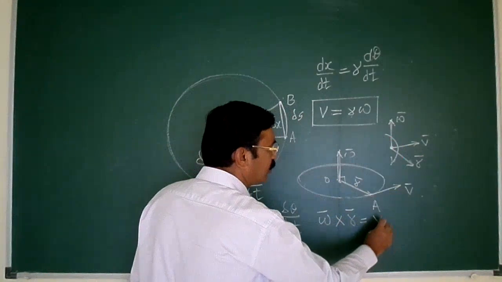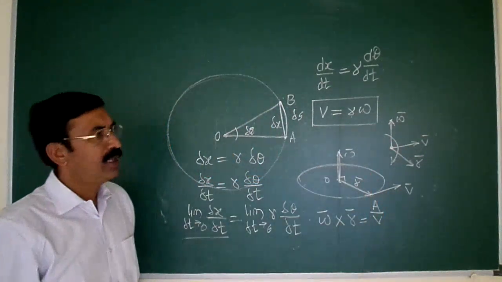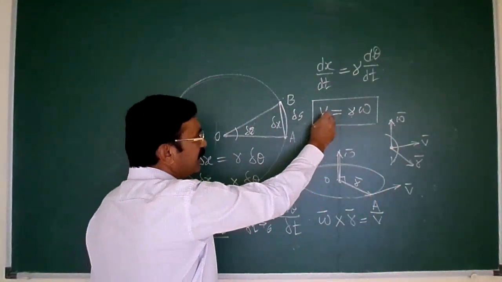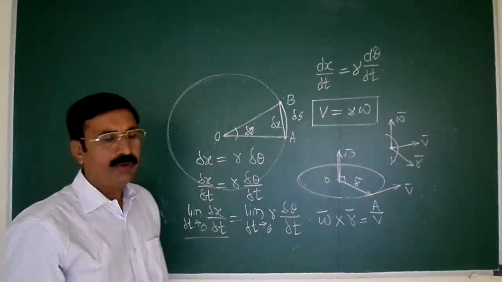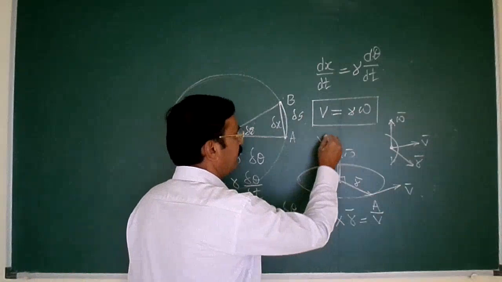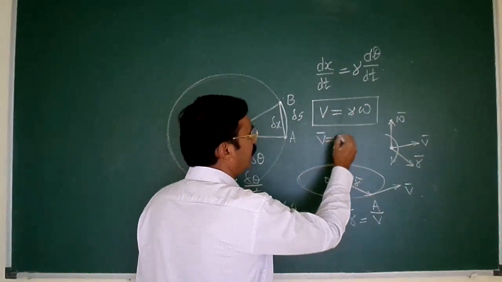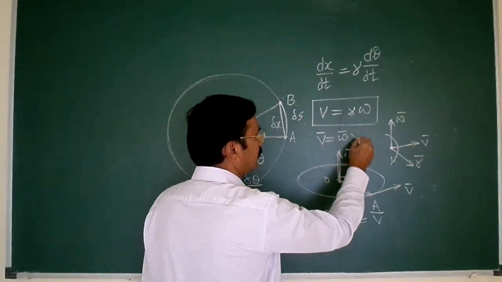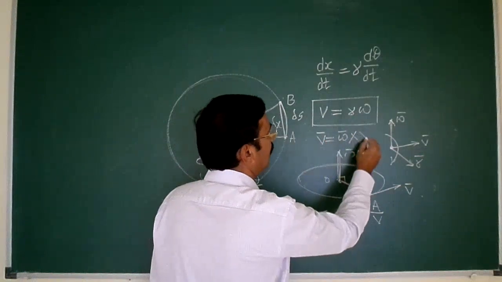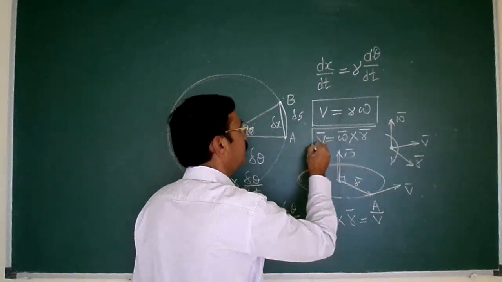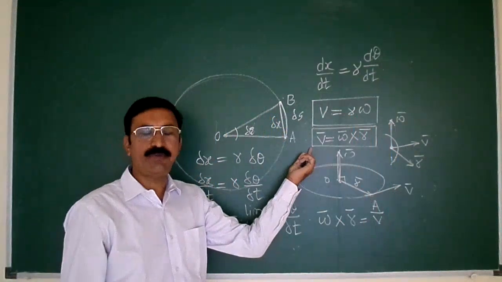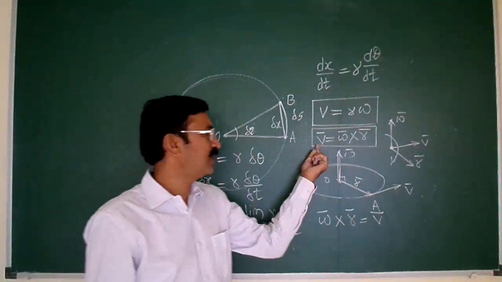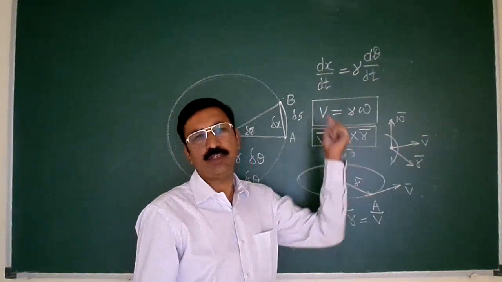This will be equal to V bar. And so, as we write V is equal to r omega in terms of magnitude, in vector notation we can write V vector is equal to omega vector cross r vector. So this is the relationship between linear velocity and angular velocity.